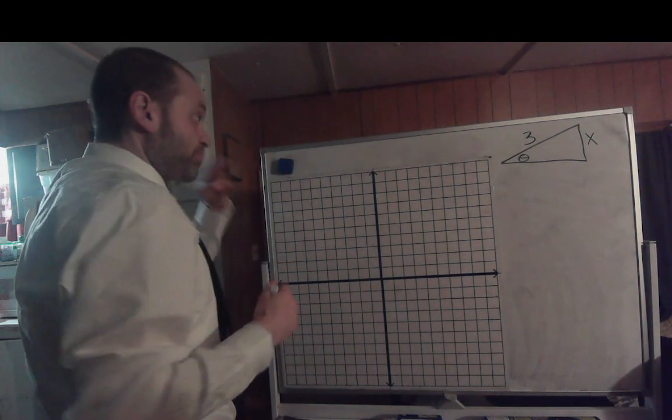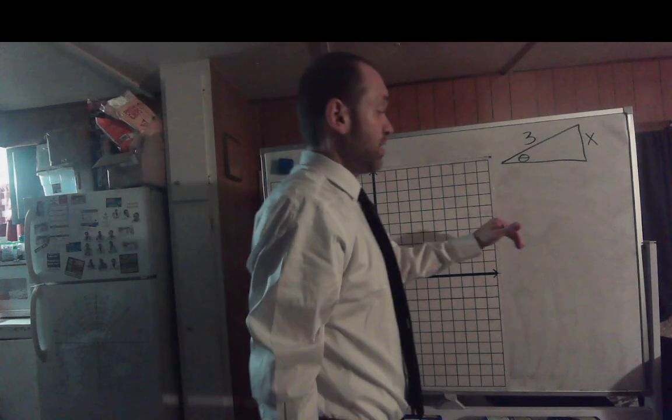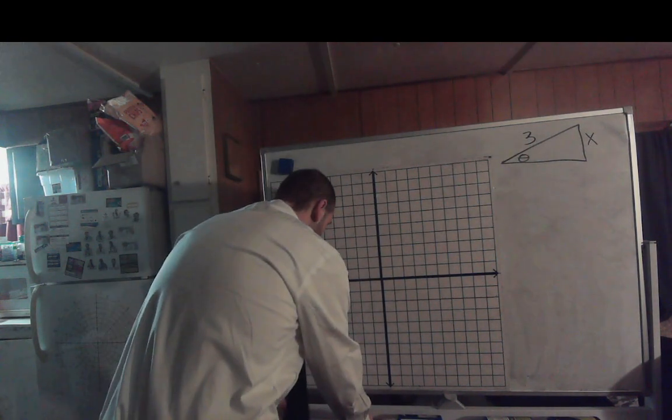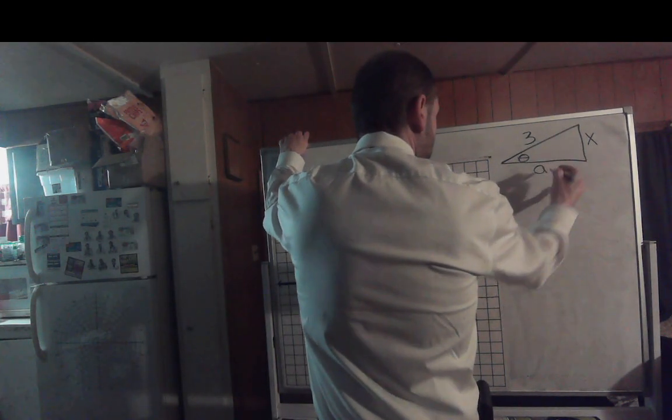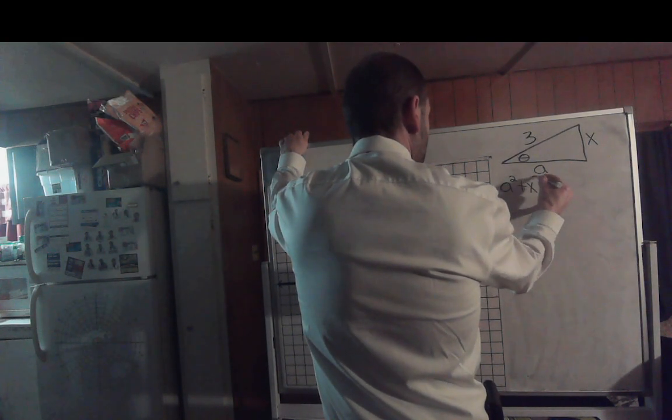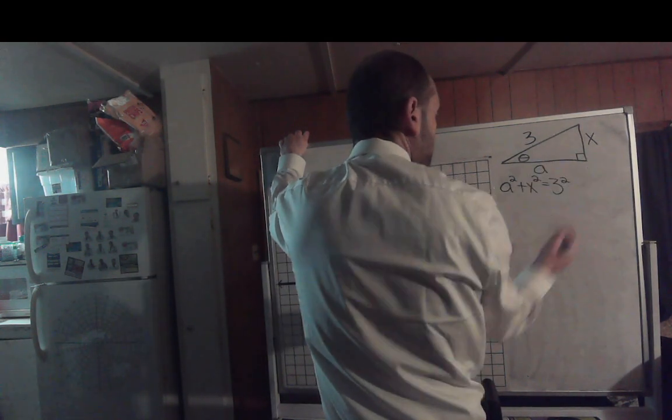So, we have another triangle here. You have a theta, x, and 3. Well, we need to find the length of the third side. Again, we'll call this side A. So a squared plus x squared equals my 3 squared if we're using Pythagorean theorem.